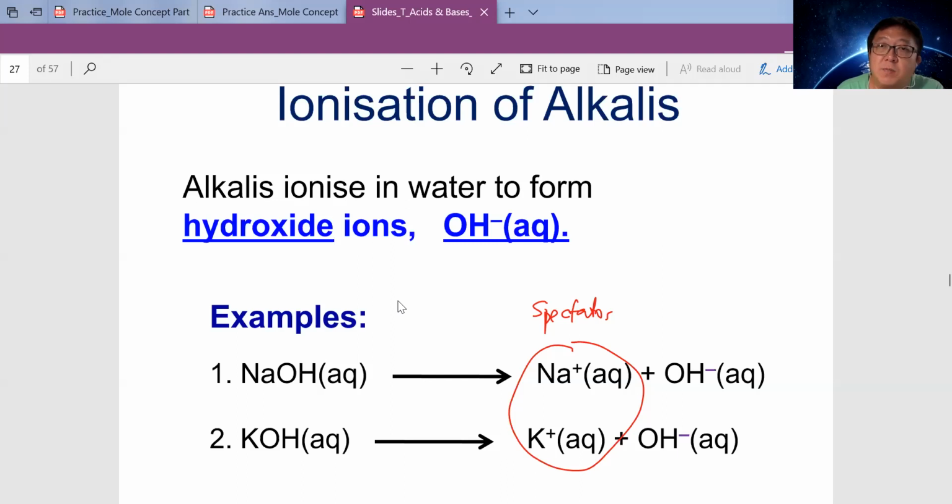How they function as a base, we are interested in the hydroxide. This is the main ion. Every time you discuss whether an acid functions as an acid or a base functions as a base, focus on hydroxide and H plus accordingly.